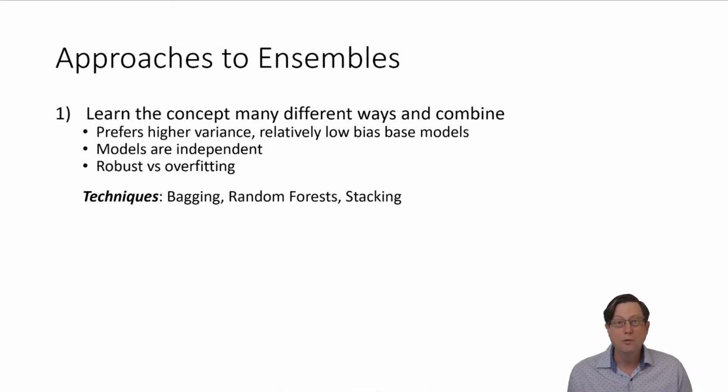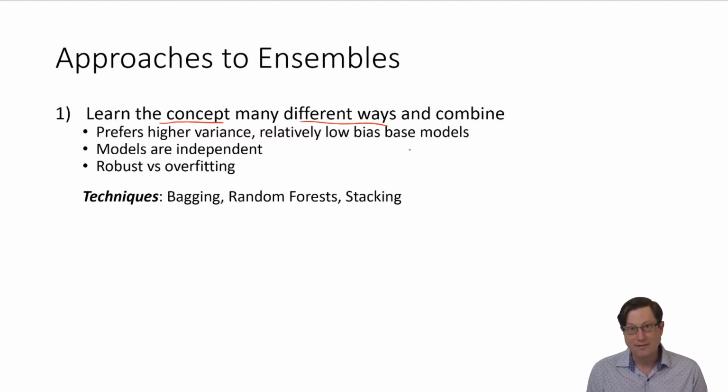And now we'll go through the two main thought processes for ensembles in a little bit more detail. The first is to learn the concept many different ways and then combine them. And when you're doing this, you prefer to learn the concept with a base learner, that is the initial model you use. In the last example, it was decision trees, but you prefer a base learner that has higher variance. And what that means is that it's able to fit the concept.